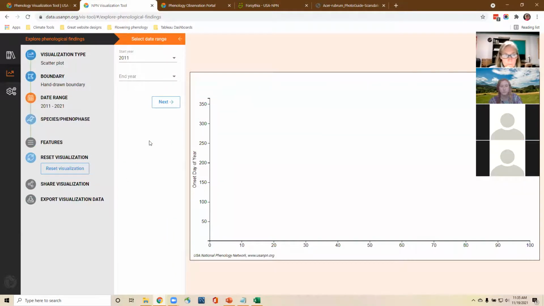So the scatter plot can show you up to 10 years of data at a time. But one thing to keep in mind, if you want to compare your phenology data to climate variables, the climate data is actually lagged by a year. So we get our climate data from DayMet, and they actually don't publish the climate data and summarize it until after the end of the year.